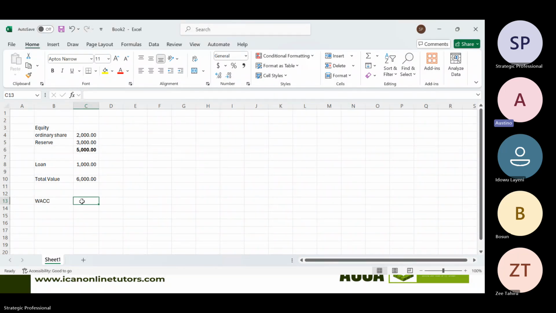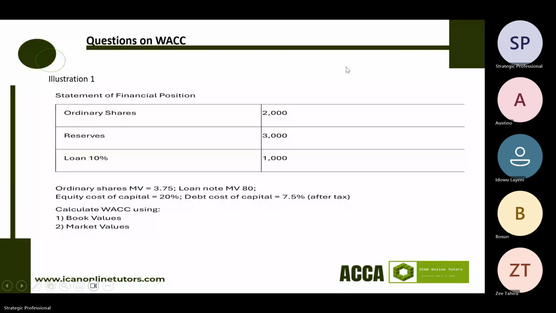This 1,000 and the 10% are given in the question. Let me go back to the question so you can see it. Ordinary share 2,000, reserves 3,000, loan 1,000 at 10%.